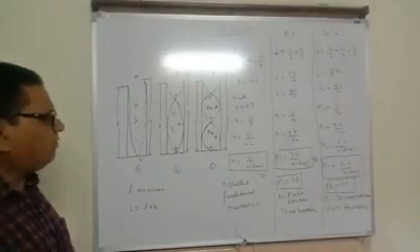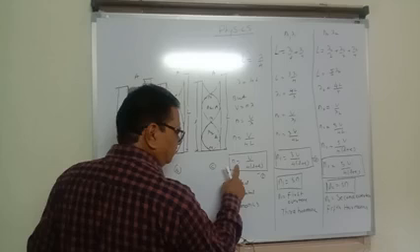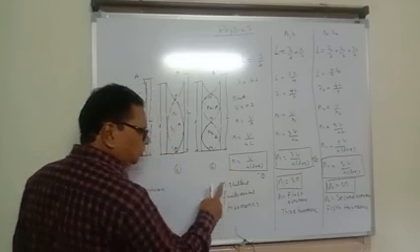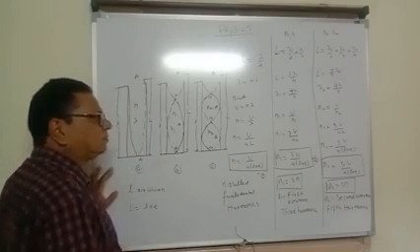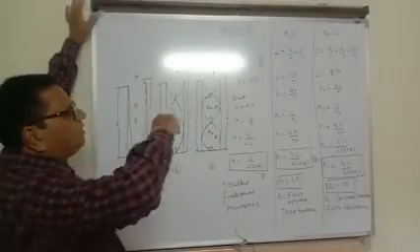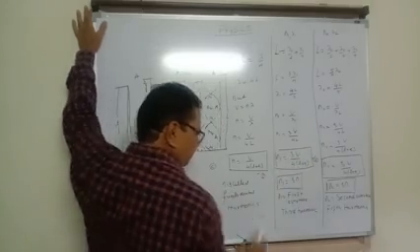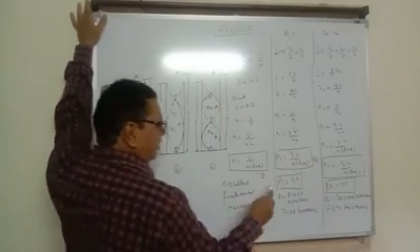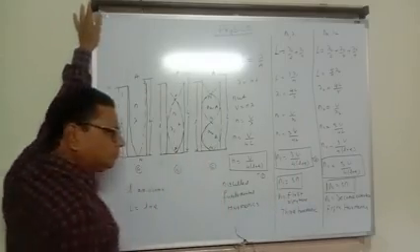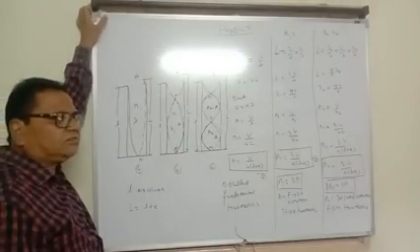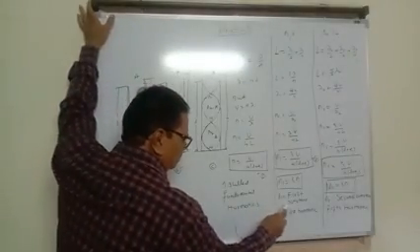If the frequency of vibration of air column in first mode is N, it is called fundamental frequency or first harmonic. Frequency of vibration in second mode is N1 is equal to 3V upon 4L plus E. We arrive at N1 is equal to 3N, which is called first overtone or third harmonic.